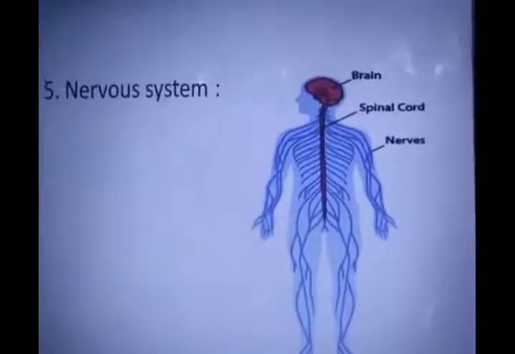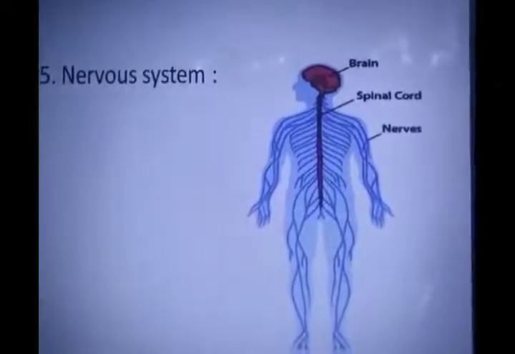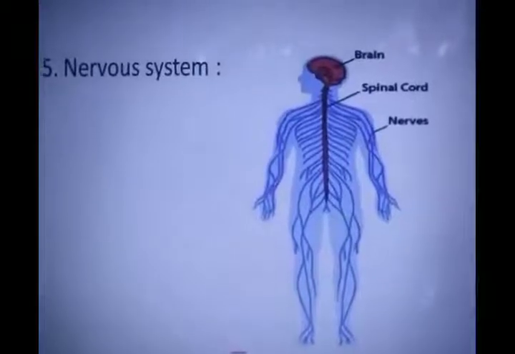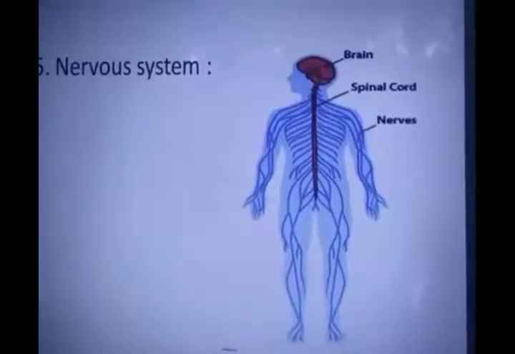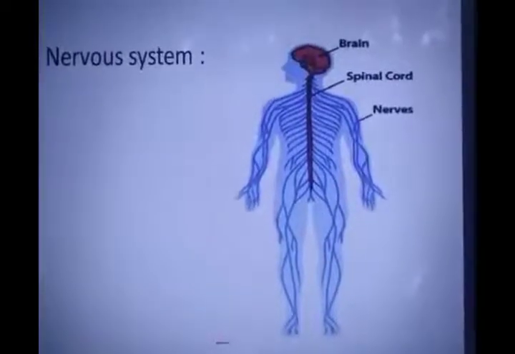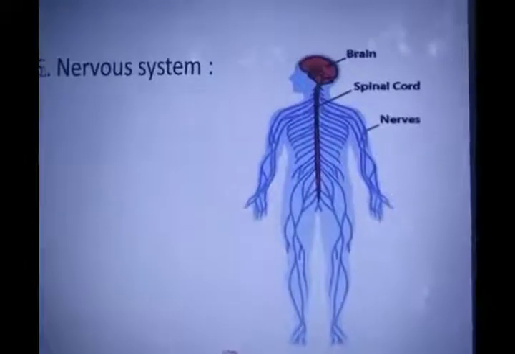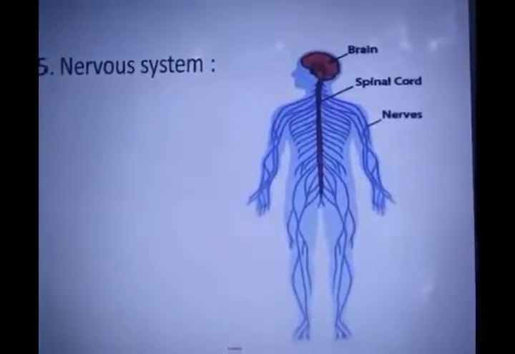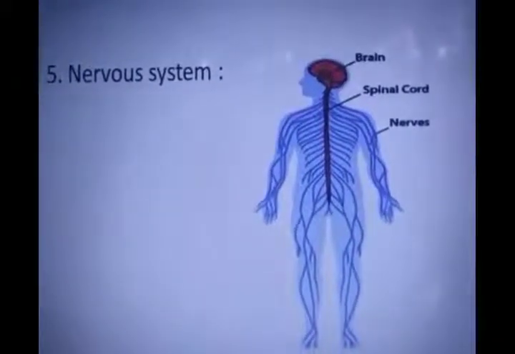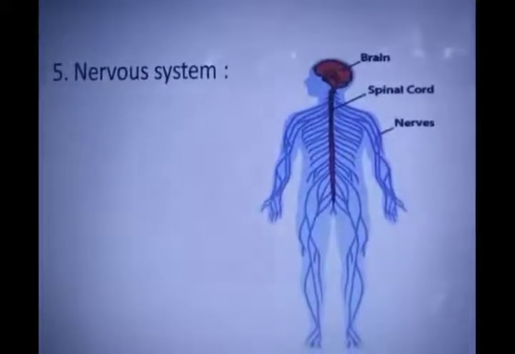The brain sends and receives messages through nerves, and the spinal cord helps to connect the nerves with the brain. So all this we are going to combine together to write the answer of question number 6d.